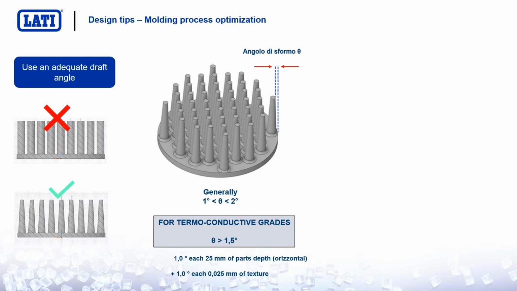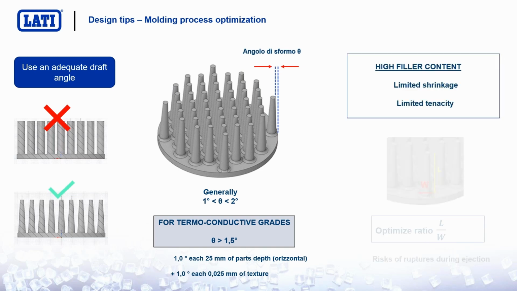Then, in case there is some texture on the mold, we need to add another extra 1 degree for each 0.025 millimeter of texture.